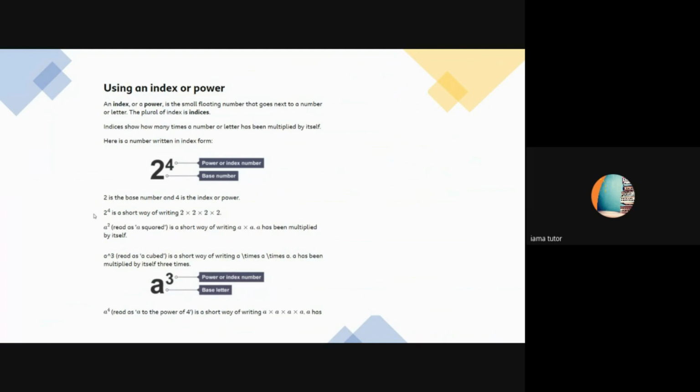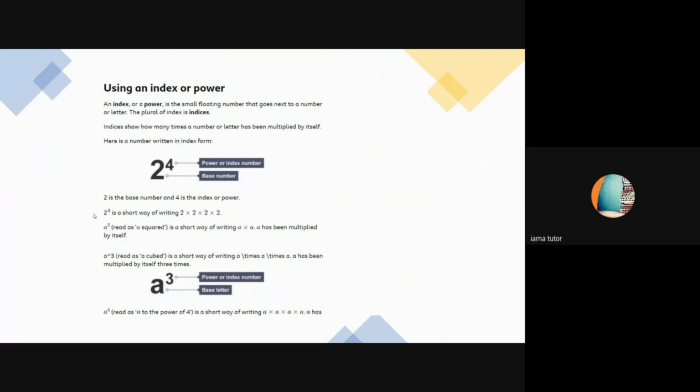That is 2 times 2 times 2 times 2, which is 2 raised to the power 4. Simply multiply it: 2 times 2 is 4, 4 times 2 is 8, and 8 times 2 is 16. So the base 2 and the index 4 give us a result of 16.